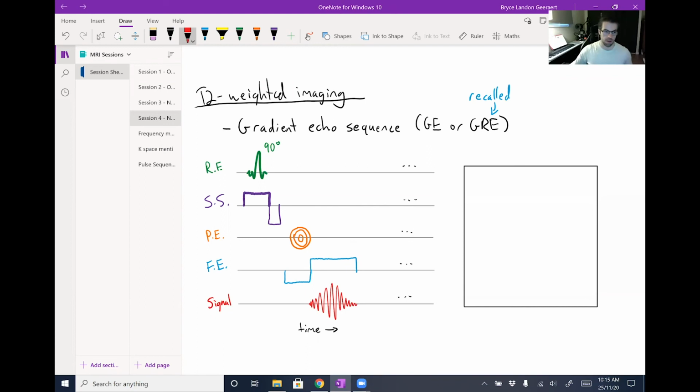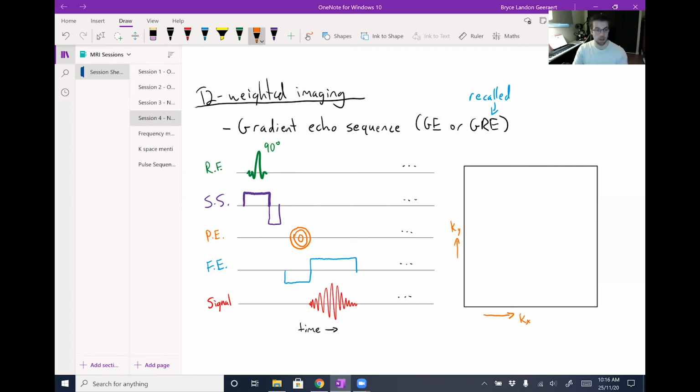I also wanted to remind us about how this looks in k-space, which I talked about a little bit. That's the square on the right side of the screen. It's just a general k-space layout, I guess. So this direction is our positive ky direction, and this direction is our positive kx direction.